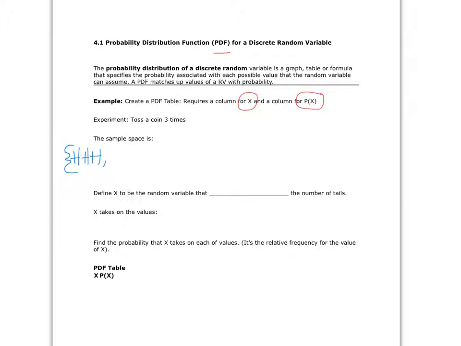And then we can get 2 heads and 1 tail. And that can happen in 3 different ways. The tail can come last, second, or first. And then we can have 1 head and 2 tails. And that can happen 3 ways. The head can come first, it can come second, it can be last. And then finally we can get all three tails.